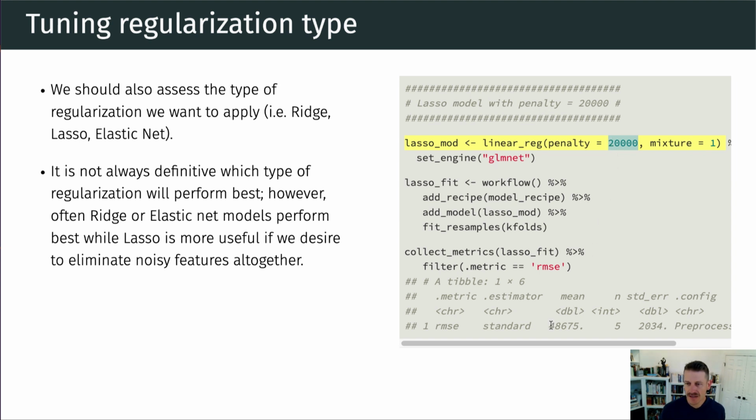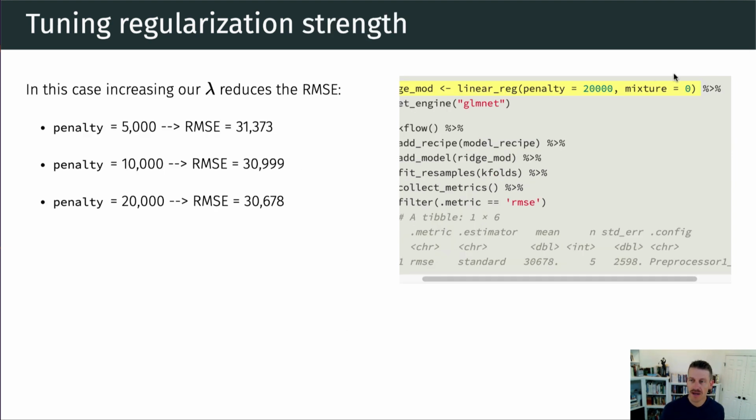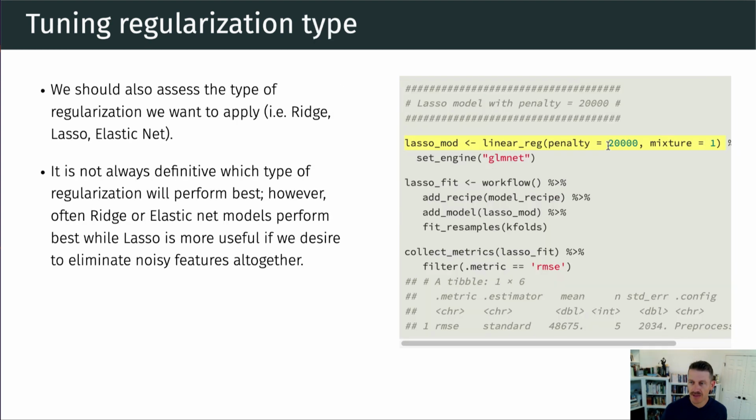In this case, our five-fold cross-validation gives us 48,675. So we lost quite a bit of performance from going from a ridge model with this penalty to a lasso model with this penalty. So we're not seeing an improvement there.